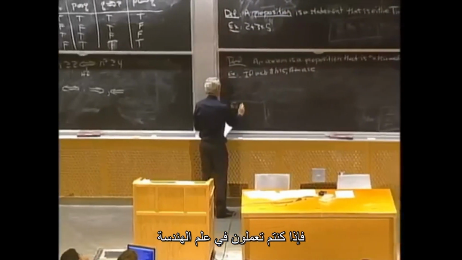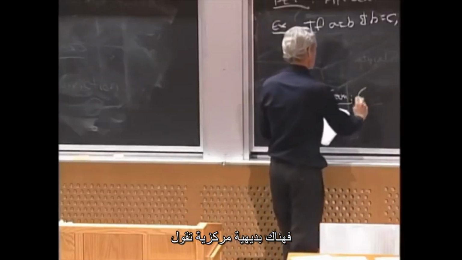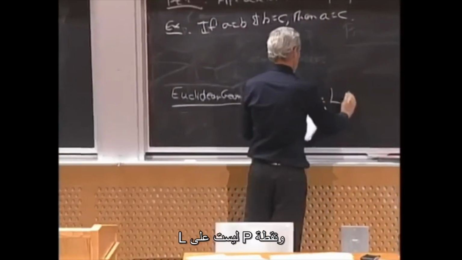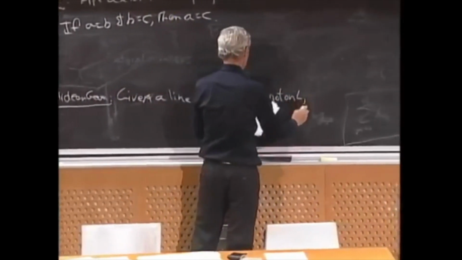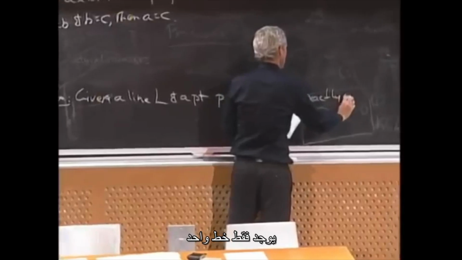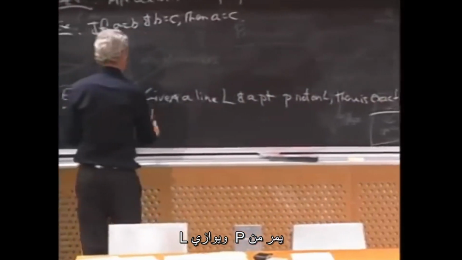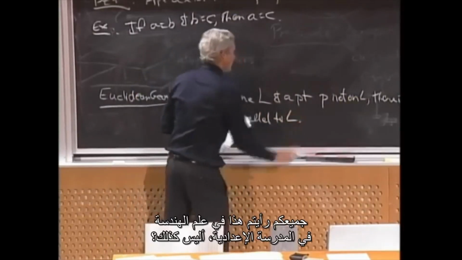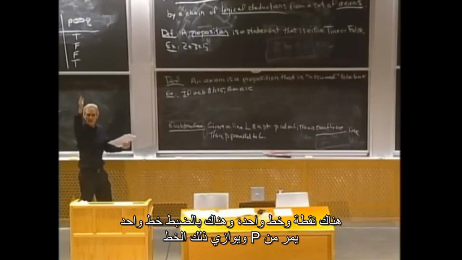In Euclidean geometry, there's a central axiom that says, given a line L and a point P not on L, there is exactly one line through P parallel to L. You all saw this in geometry in middle school, right? Got a point and a line. There's exactly one line, another line through the point that's parallel to the line.